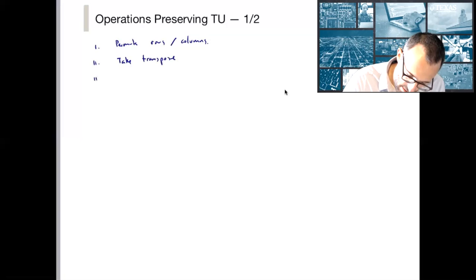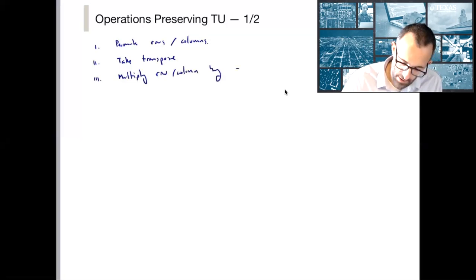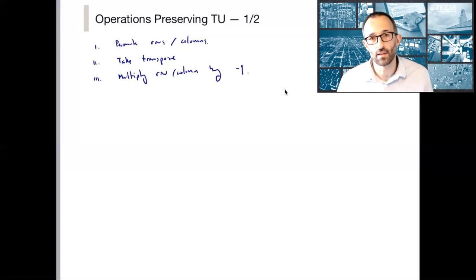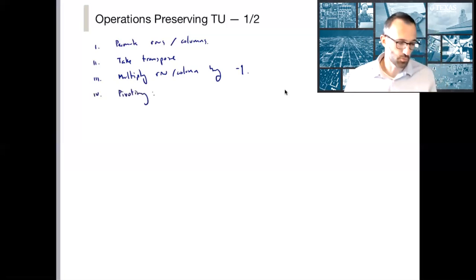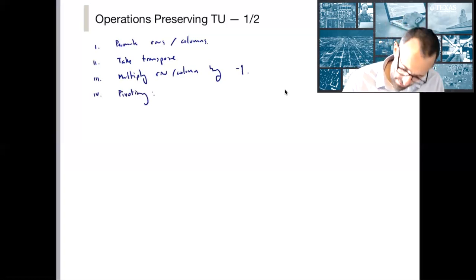We can multiply a row or column by -1. Again, this comes from the multilinear definition of a determinant. Also, a property called pivoting preserves total unimodularity. So this is the following.